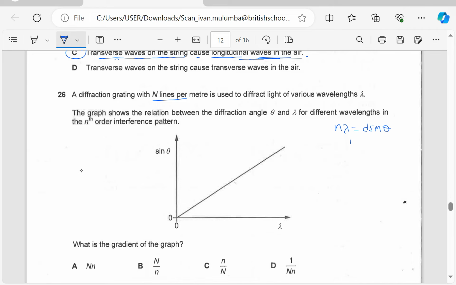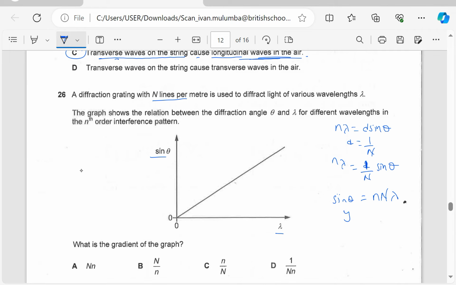Remember, d is 1 over the number of lines per meter. Making sine theta the subject, because they have plotted sine theta against lambda, sine theta equals n times capital N times wavelength.